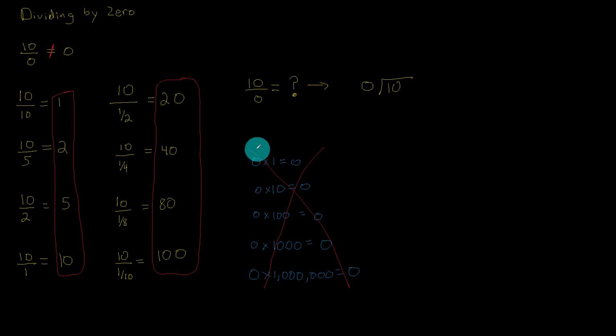There's an infinite amount of possibilities. You could try to multiply all the way up to infinity. You will always get a product of 0. So you would call this result or quotient undefined. So whenever you find that 0 is in the denominator, your answer is undefined.